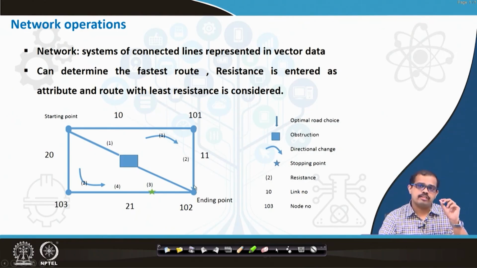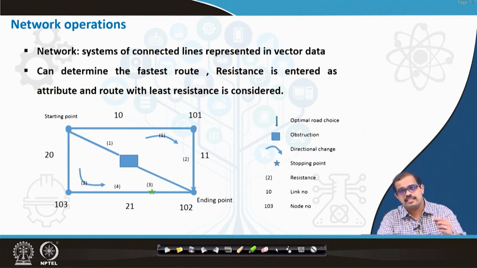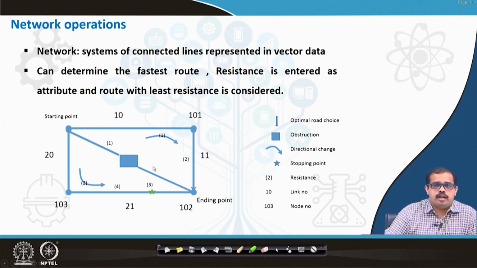It can help in determining the fastest route or shortest route, or even the resistance is entered as an attribute and the route with least resistance is considered. Let's say that I am solving an electrical problem in a particular building, okay. There are a lot of wires moving out.